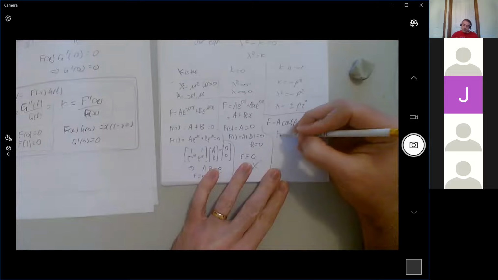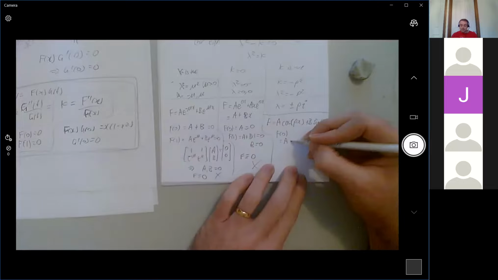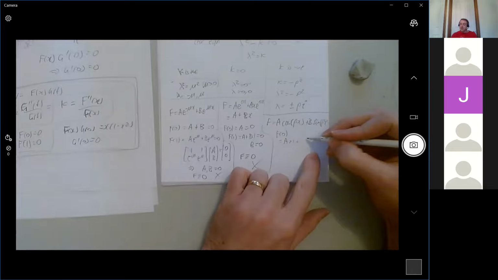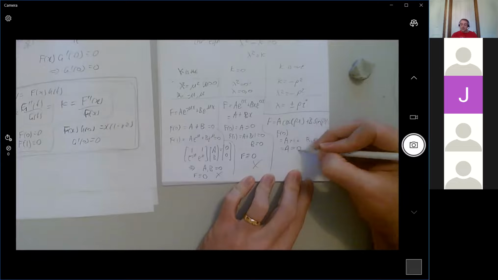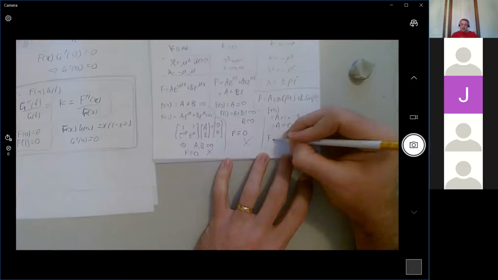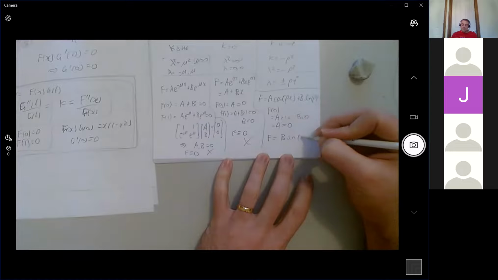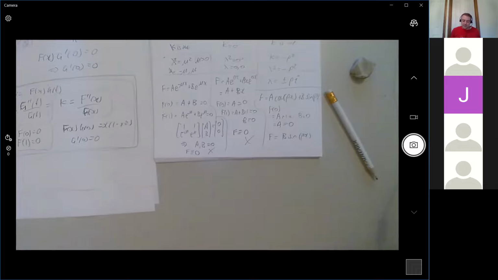So f of 0 will be a times cos of 0, which is 1, plus b times sine of 0, which is 0. So that's just a, which is 0. And so now I'm going to do this trick. So f is actually just b sine rho x, because the a was 0.